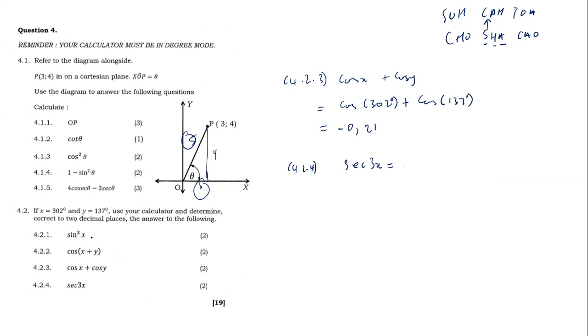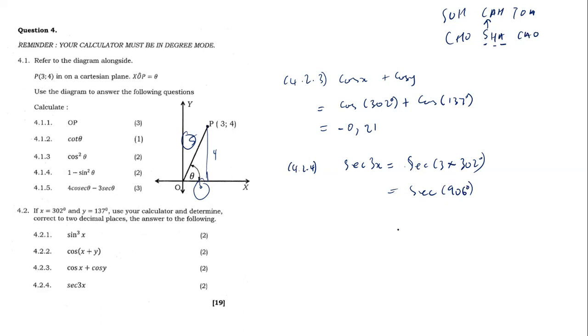So now we're using this statement. So we have sec 3 multiplied by what? X is 302 degrees, and therefore we have sec 3 multiplied by 302, it's 906 degrees. Now we don't have sec on our calculator.